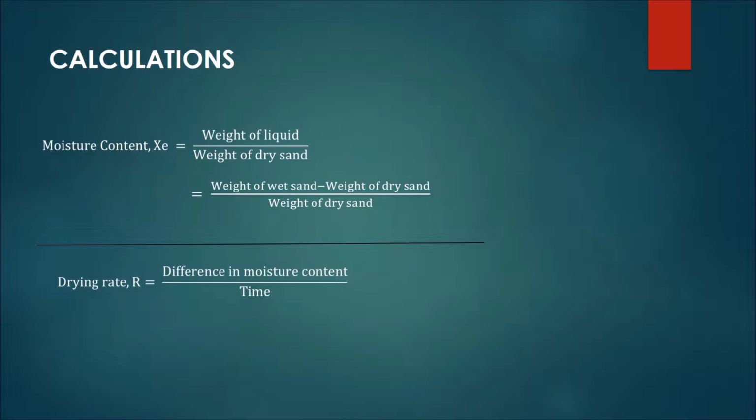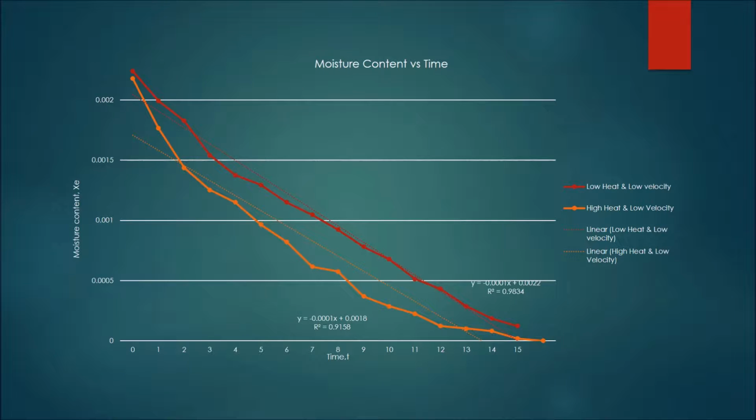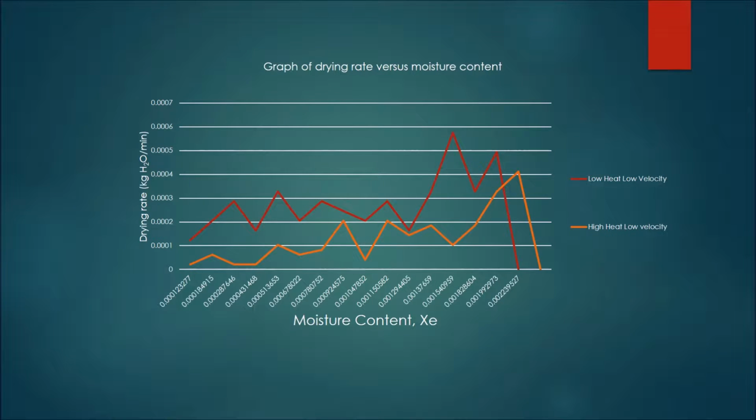To get the value for the moisture content, the formula is weight of liquid divided by weight of dry sand, while the drying rate is the difference in moisture content divided by time. After the values for both are obtained, two graphs are plotted for each experiment. The first graph is moisture content against time, while the second graph is drying rate against moisture content.